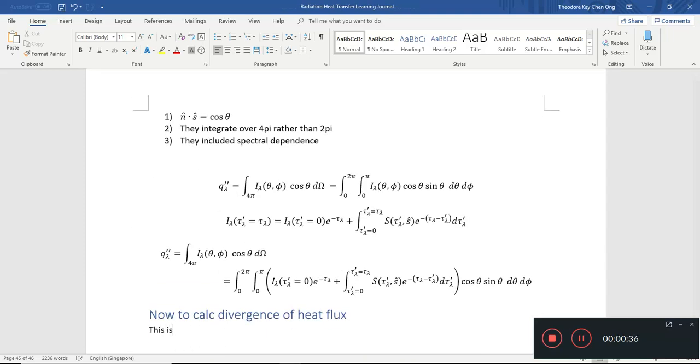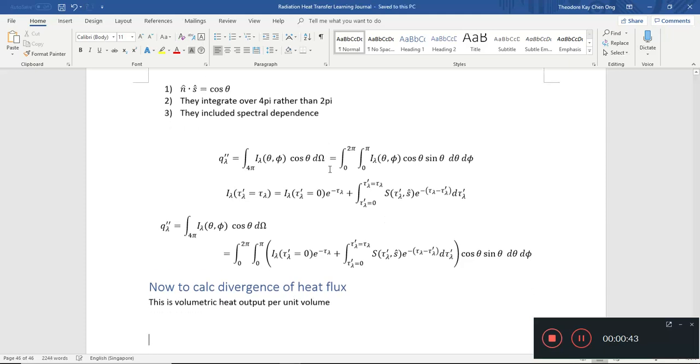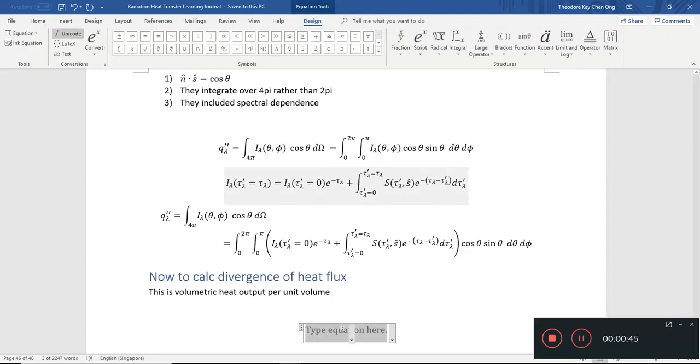So this is volumetric heat output per unit volume. On the spectral basis, we are doing something like this: nabla bullet q double prime lambda.